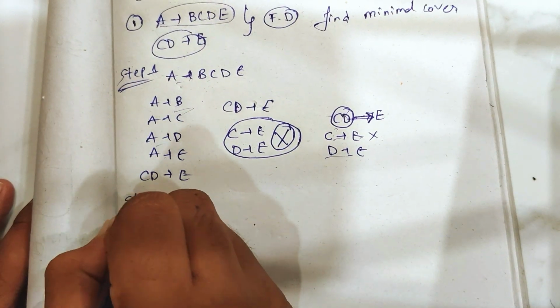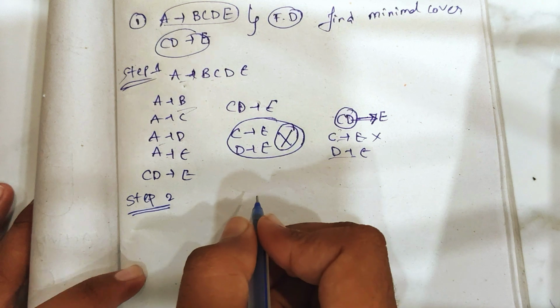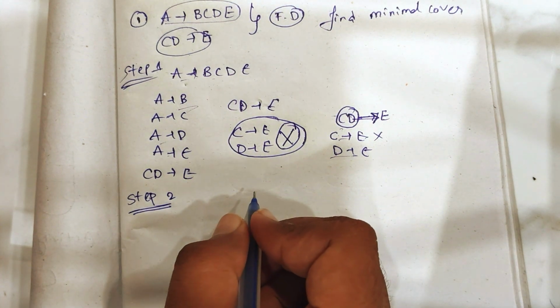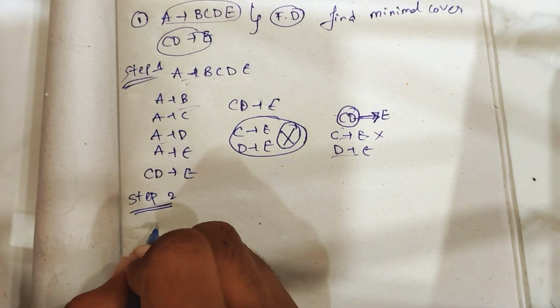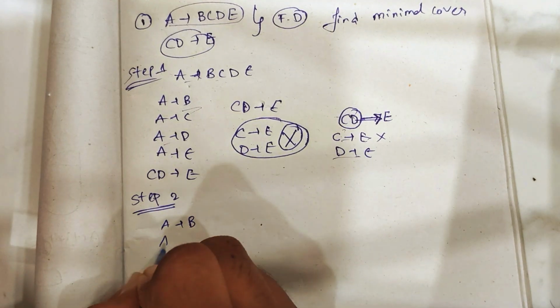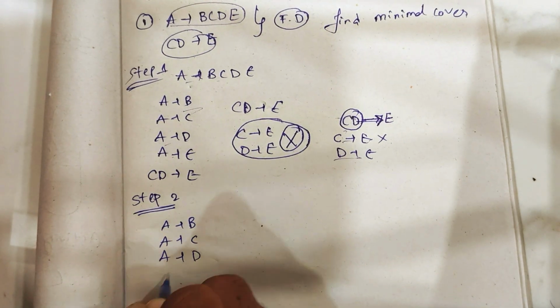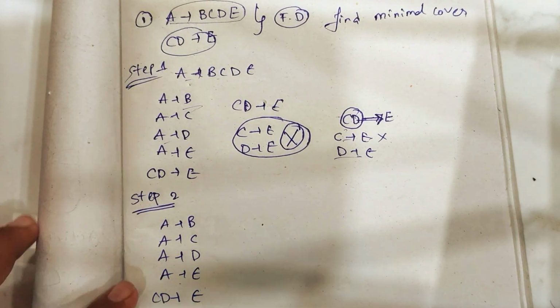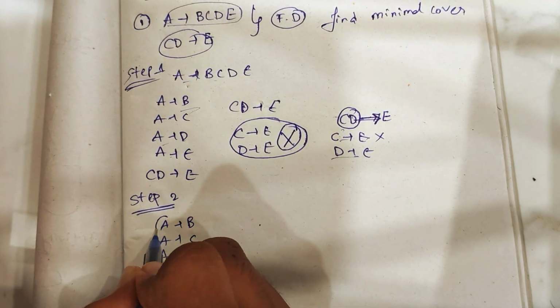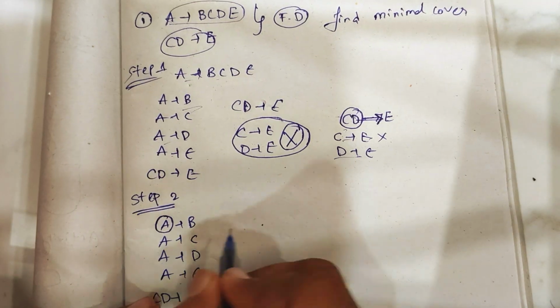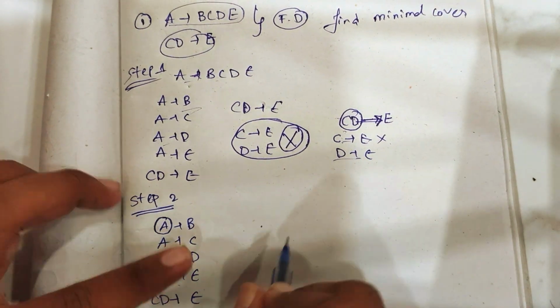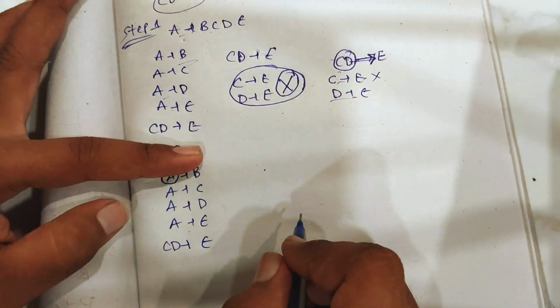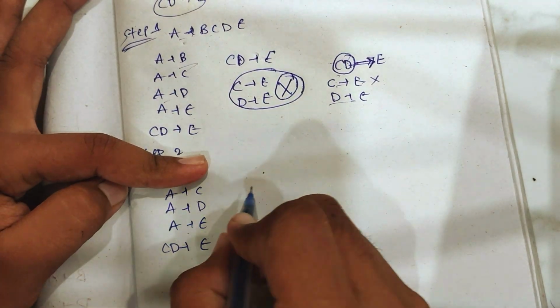After this, step 2. Update the FDs after each iteration. So find the closure of A without considering this. What is the closure of A?